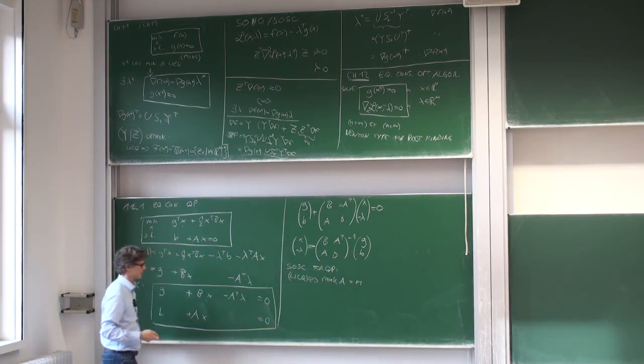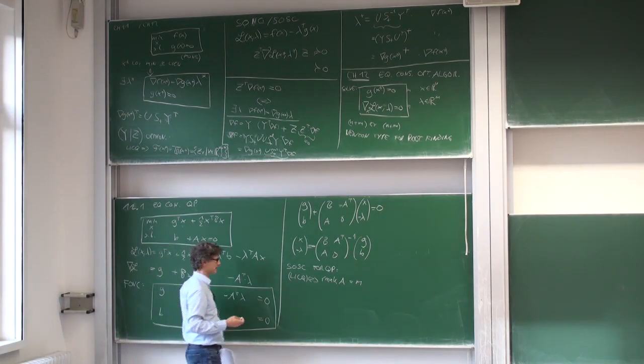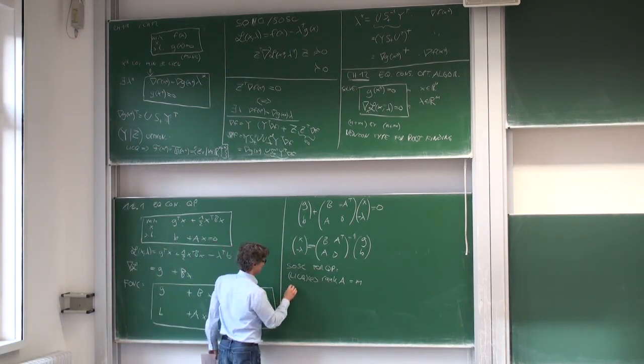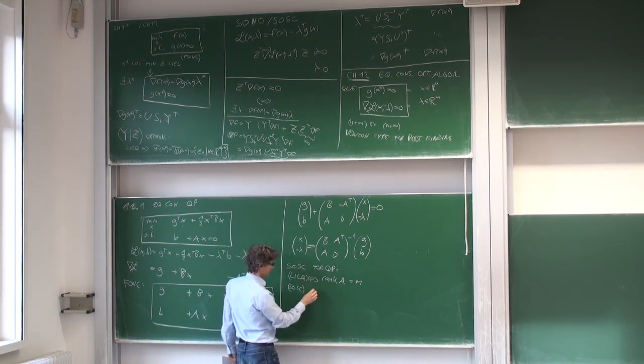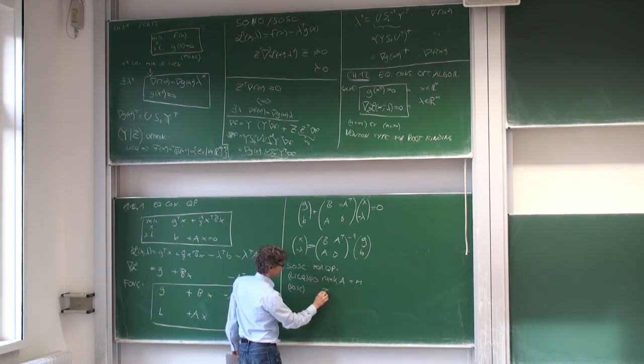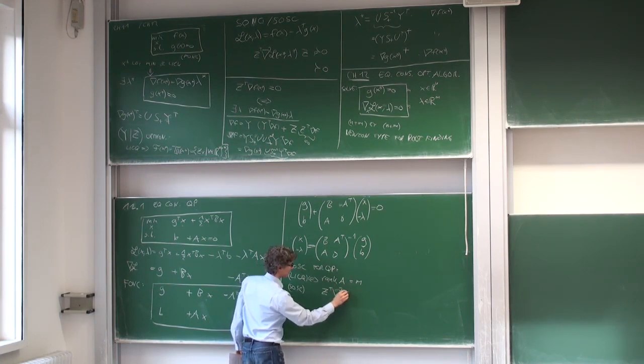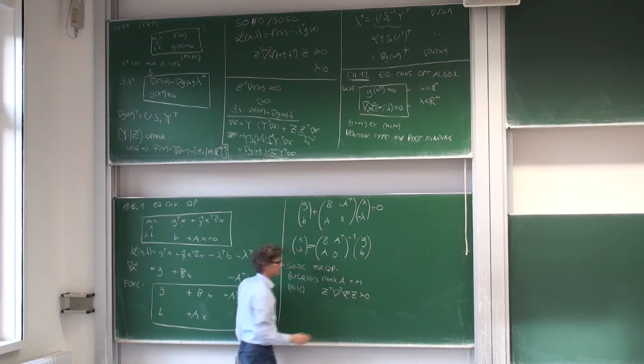That's the first thing. And what was the second thing? The second thing said second order sufficient conditions. Yeah, they said that the projection of our second derivative of the Lagrangian should be positive definite.